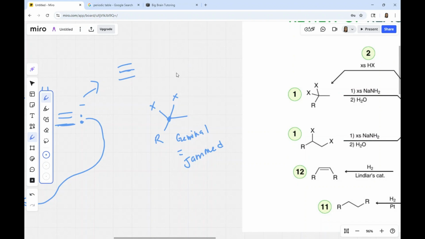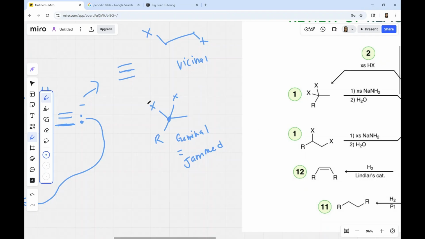And then vicinal is when they're on different, adjacent carbons. And so it'll look more like this. And this is a carbon and this is a carbon, and they're separated.